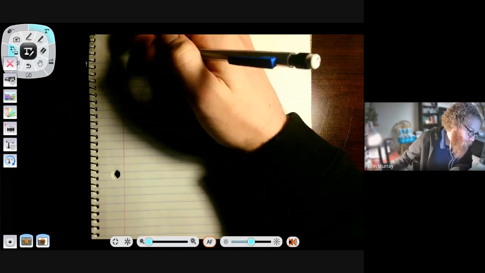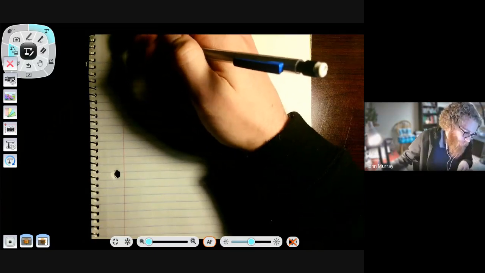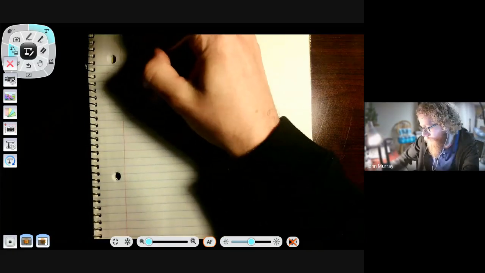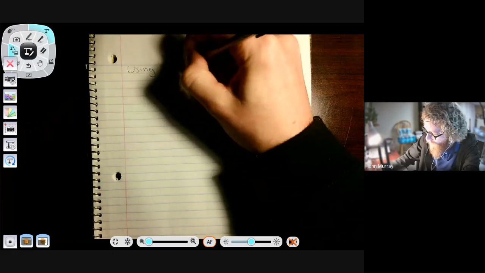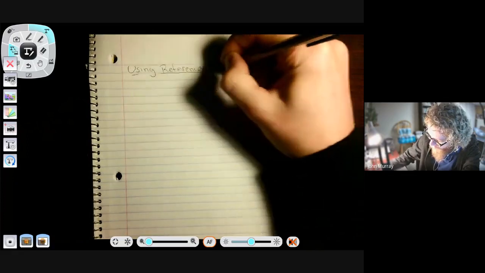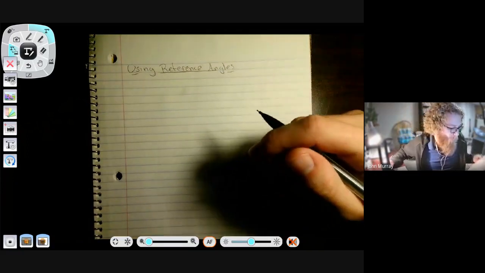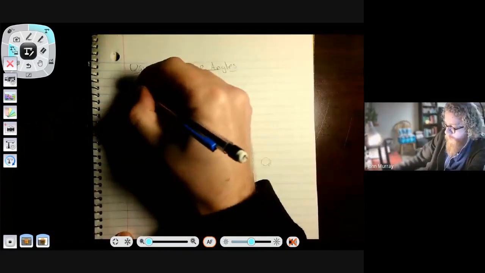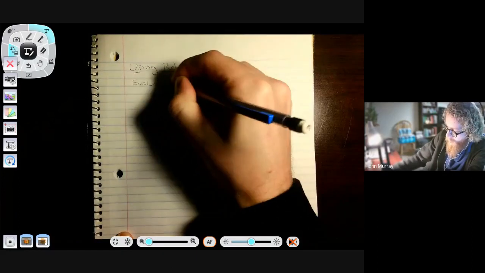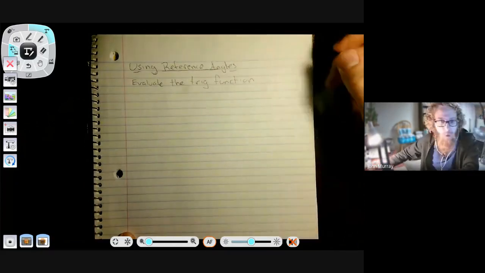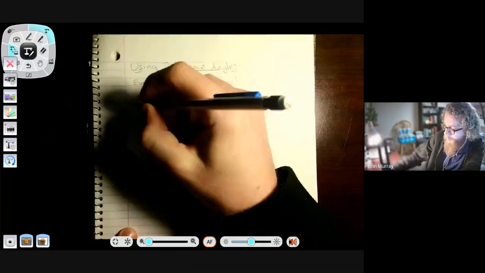So we did reference angles. So today we'll wrap up with the reference angles and how to use them, and we'll use them in evaluating trig functions.